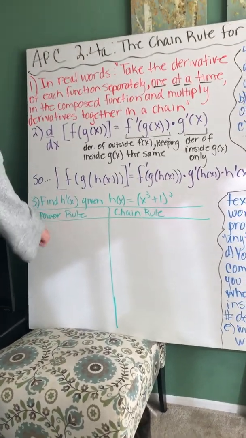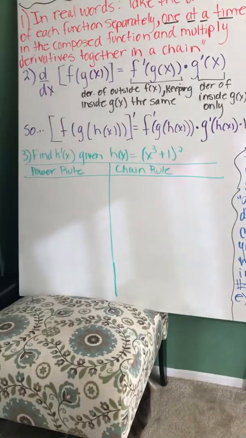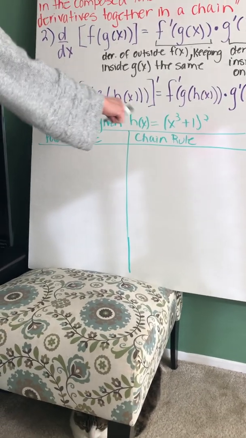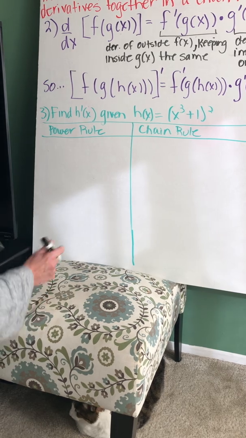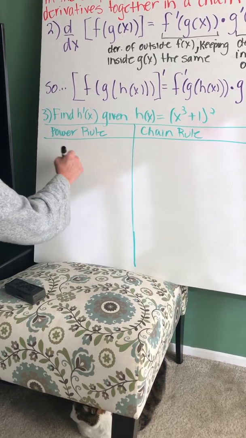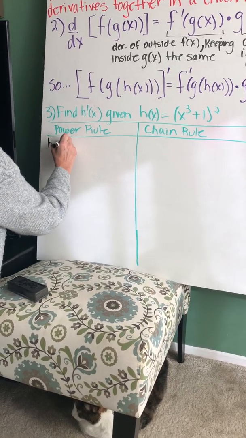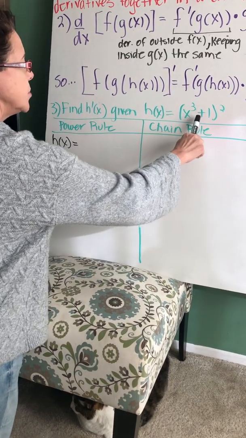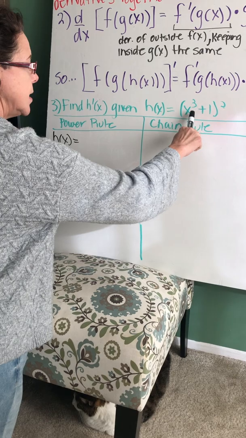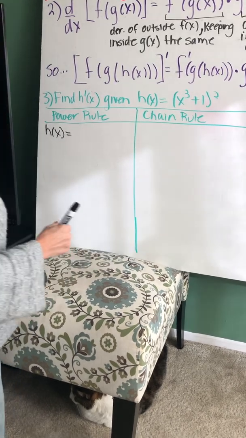Let's try this problem, finding the derivative with the power rule that we know, and then using the chain rule that we just talked about. We should get the same answer. To do the power rule with h of x here, I would first have to square this, x cubed plus 1 multiplied by itself.